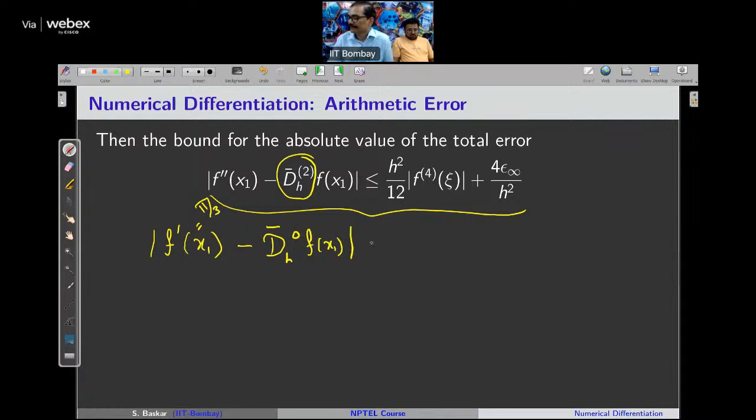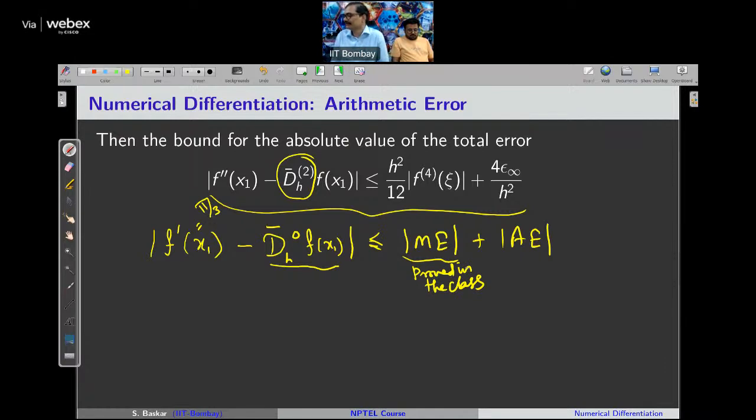This is less than or equal to the mathematical error plus the arithmetic error, right? The mathematical error for the central difference formula of f dash, we have proved in the class, I think it is something like h square by 6 into mod f triple dash of psi, if I'm correct. Let me just check that.